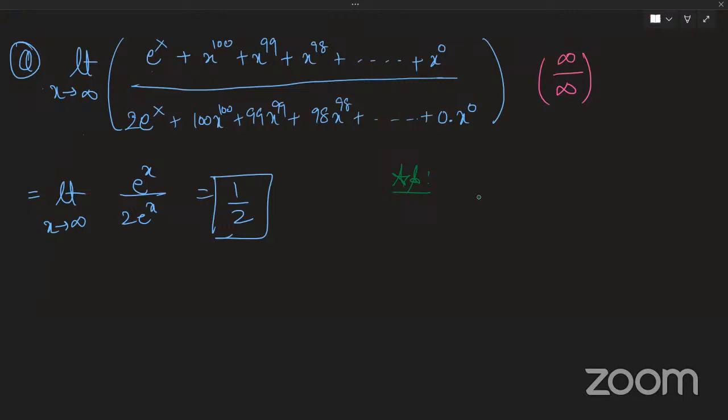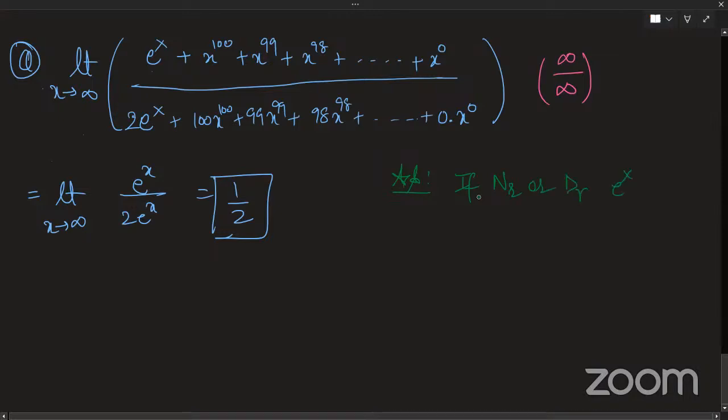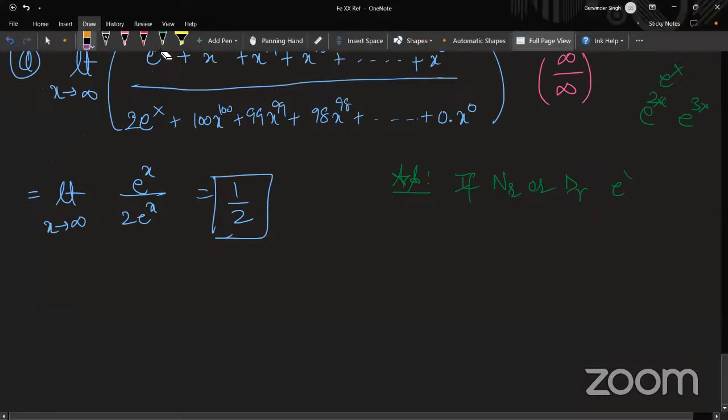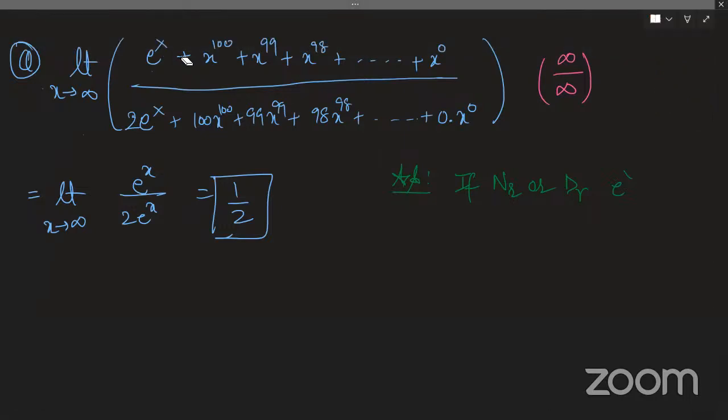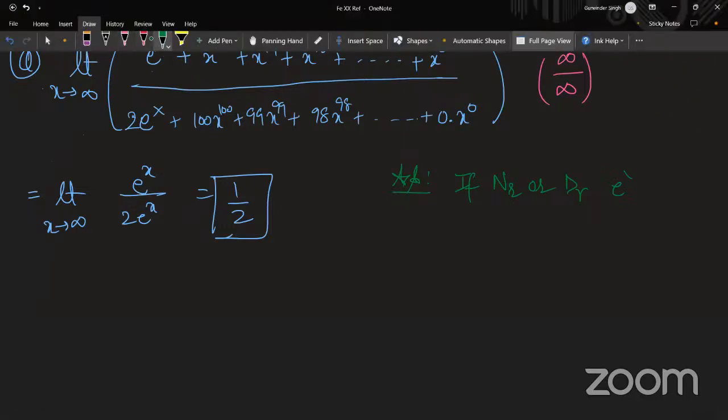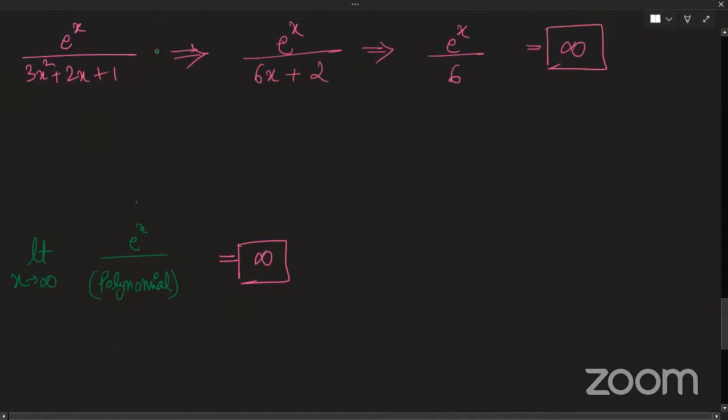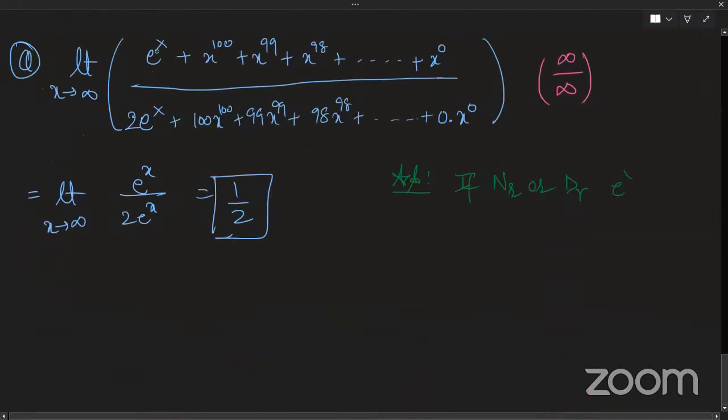In case in the numerator or denominator you get an exponential function, it is not required that it would be e raised to x only, it can be e raised to 2x also, e raised to 3x also. It will behave the same way as e raised to x.